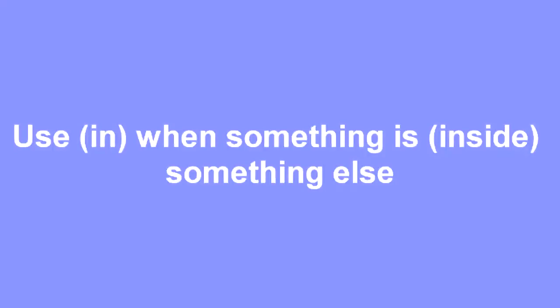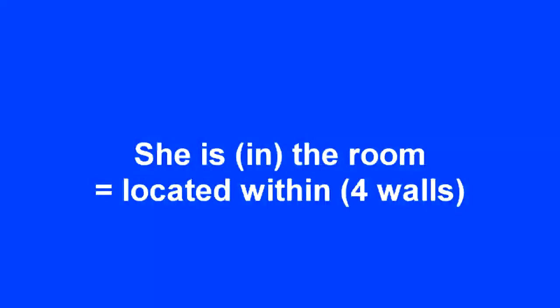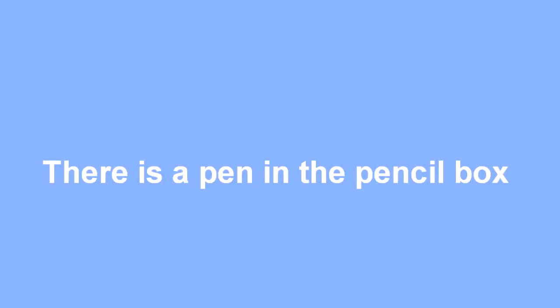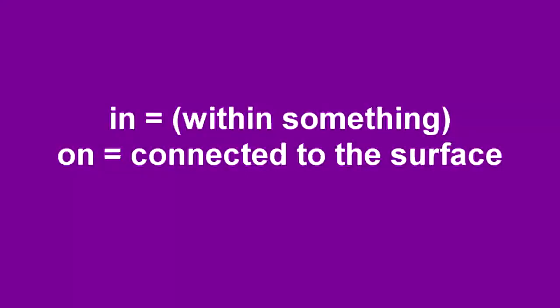For example, you can use in when we say she's in the room, there is milk in the cup, or there is water in the bottle, or there is a pen in the pencil box, something like that. So in is always connected within something, but with on you are focusing on the surface.